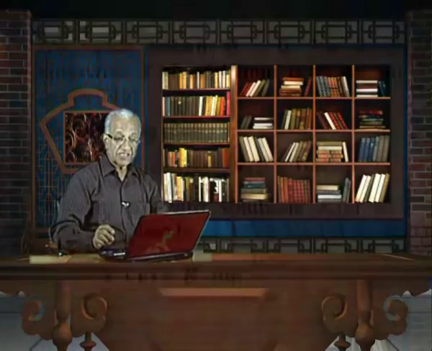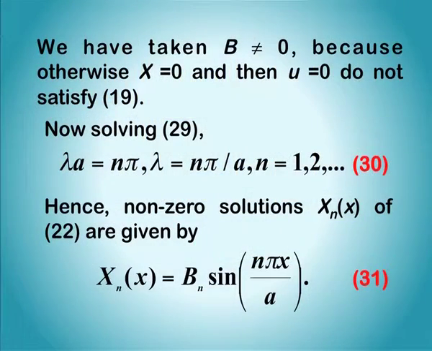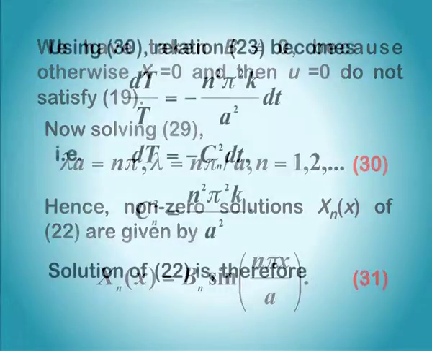Now, solving 29, the previous equation, you get lambda is equal to n pi. So lambda will be equal to this much, n is equal to 1, 2, 3, 4, a sequence of numbers. So we say hence non-zero solutions Xn of the equation 22, if you recall, are given by Xn of x equal to Bn sine n pi x upon a. Very simple equation.